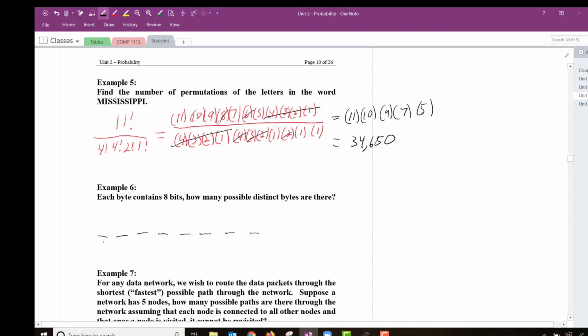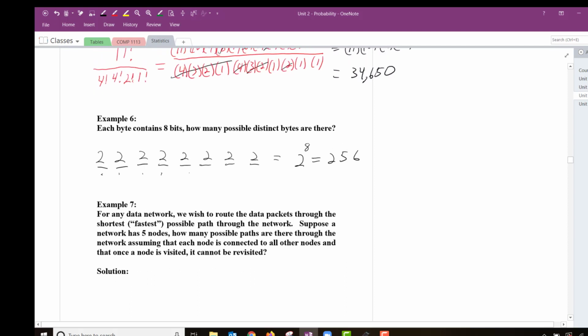So each one of these positions can be a 1 or a 0. So I have 2 choices for the first spot, and then I have 2 choices for the next, and 2 more, and 2 more. And I'm saying and, so I'm going to end up with 2 to the power of 8, which is 256 different 8-bit bytes.